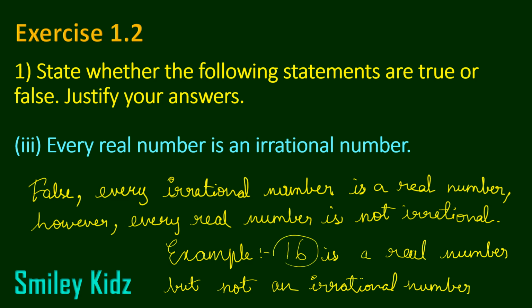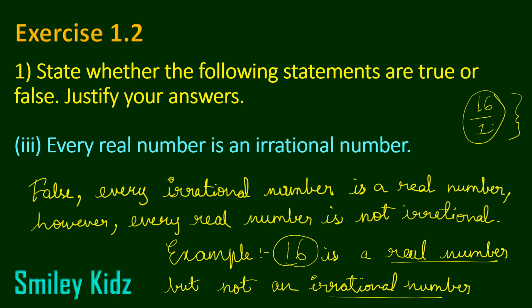Here, 16 can be expressed as 16 by 1, which is in the form of p by q. That is, it is a real number. Real number means it is a rational or an irrational. But here, 16 by 1 is a rational number as it can be expressed in the form of p by q. So, 16 is a real number, but it is not an irrational number.